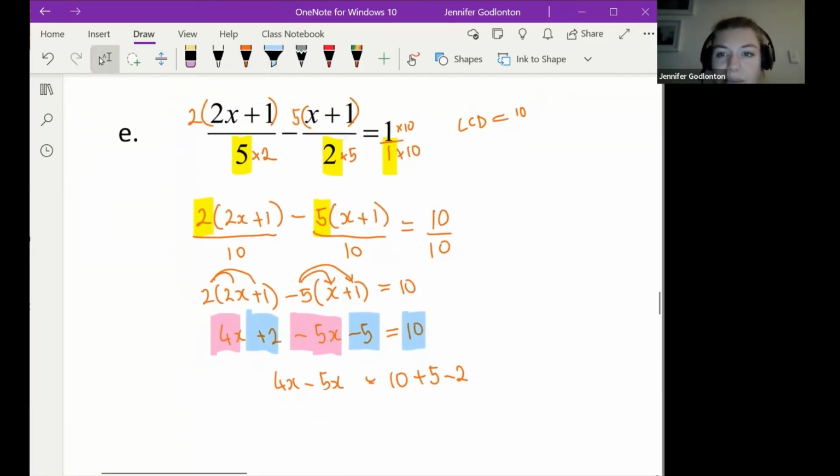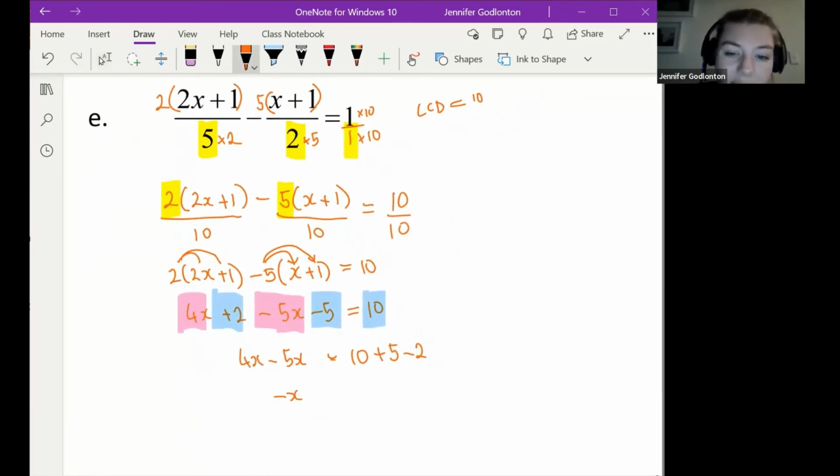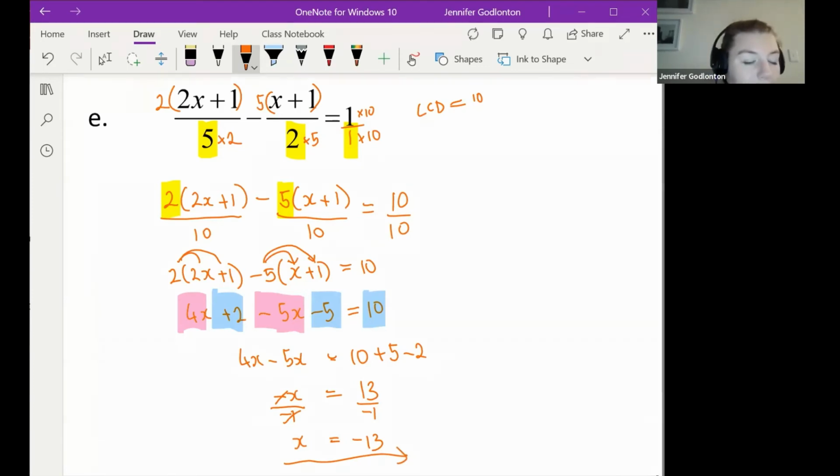So 4x minus 5x is going to give me negative x. And then 10 plus 5 is 15, and 15 minus 2 is 13. We're going to divide by negative 1. So x is equal to negative 13. Exactly. What you do to the bottom, you do to the top. That's exactly it.